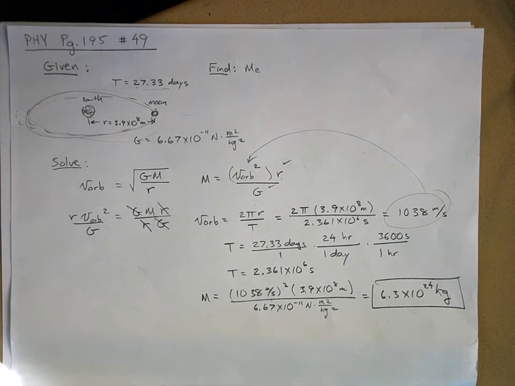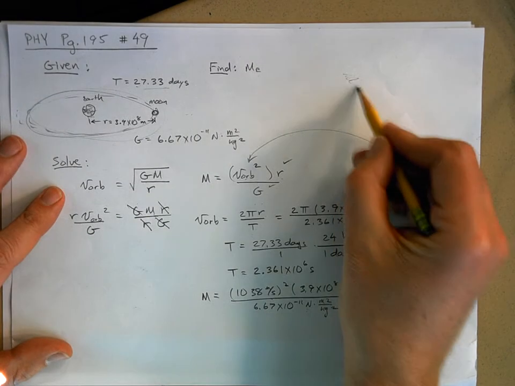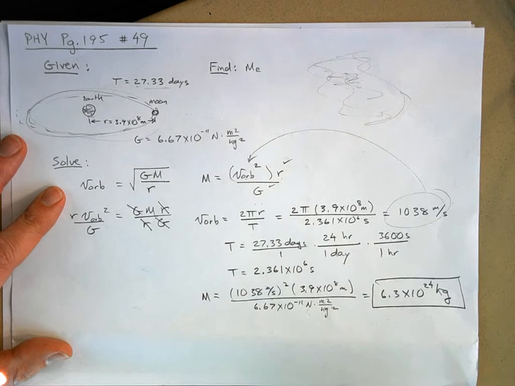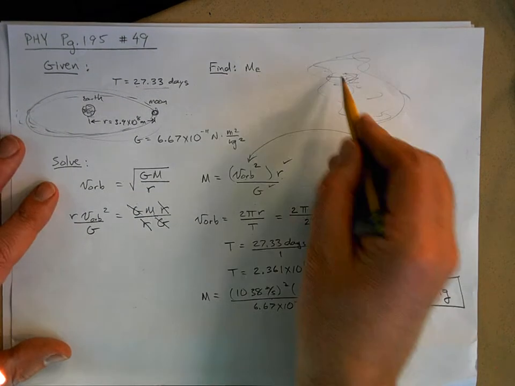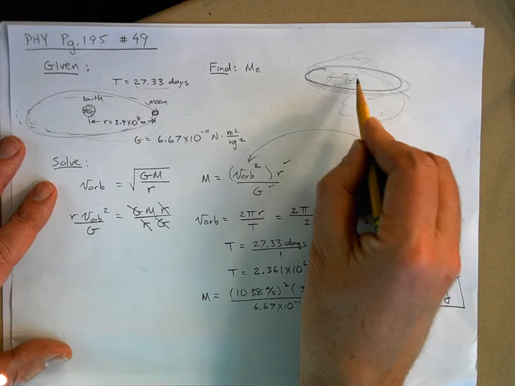But here's what we can do. Let's say you see some empty space here. Like here's the blackness of outer space. But you see a star, and that star is moving in a circle around empty space.